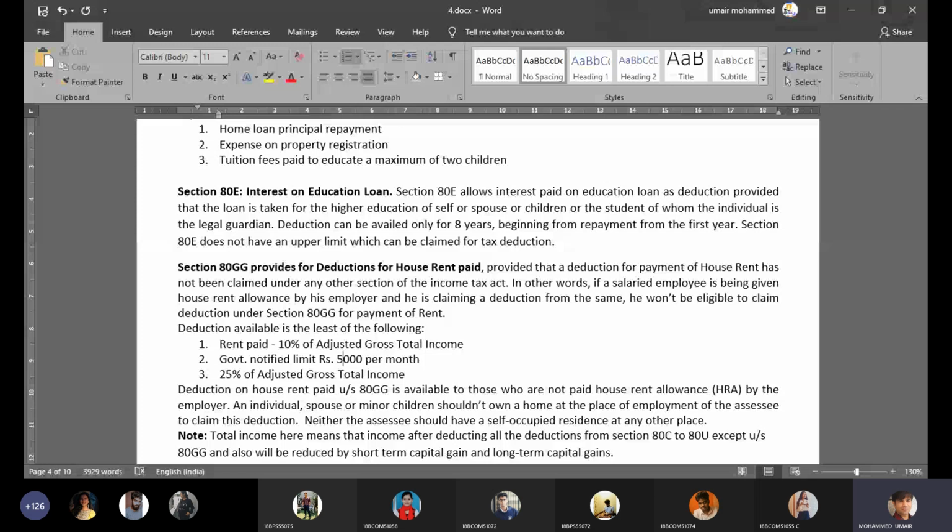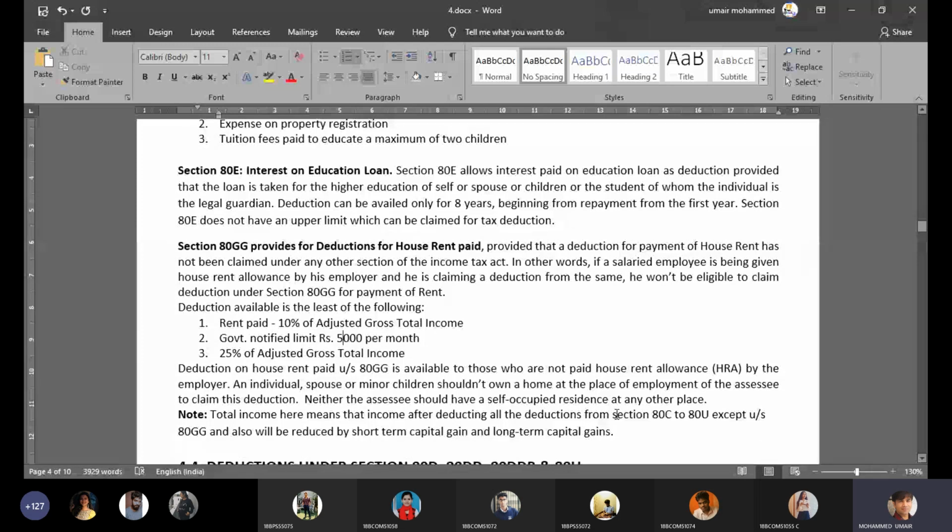Adjusted GTI is calculated by applying this equation. We have to remove all the deductions you have claimed under section 80C to 80U except 80GG, and you also have to eliminate short-term capital gain and long-term capital gain.